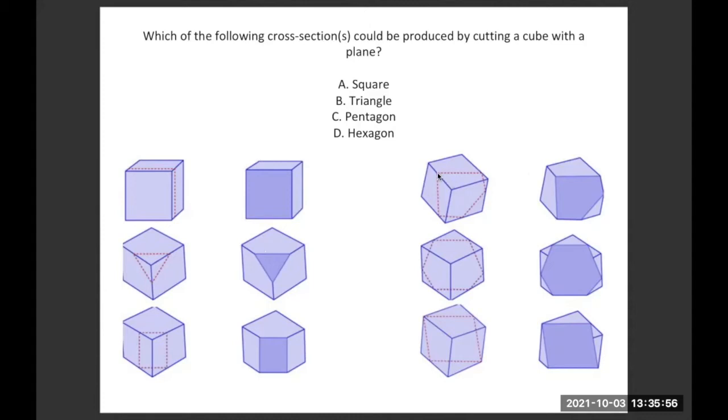If you cut a cube at some angle, where this is the middle point and this is somewhere in between, this is also in between, then you get a pentagon shape like this. If you cut a cube where you're connecting all the middle points of the various edges, then you get a hexagon, which is seen here.